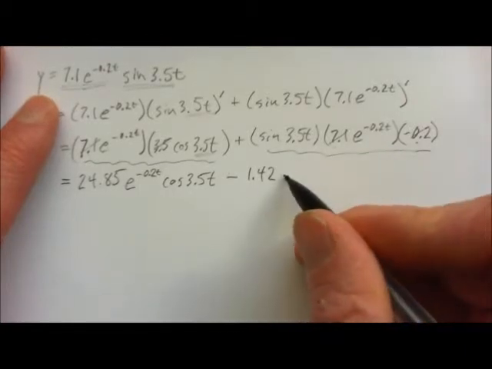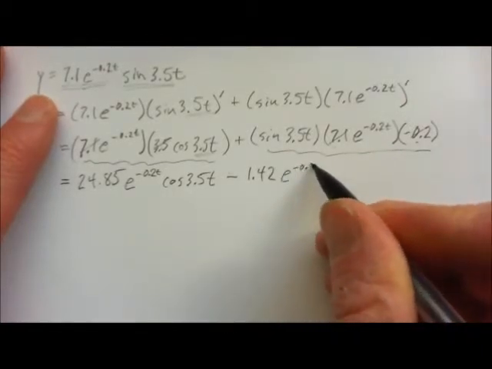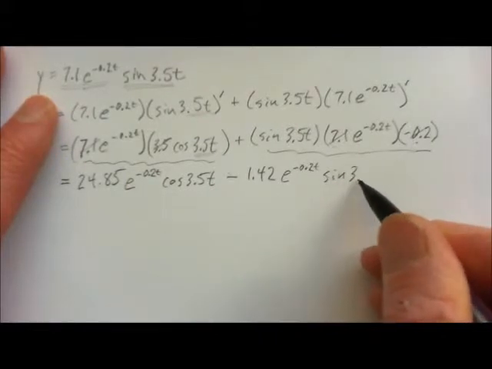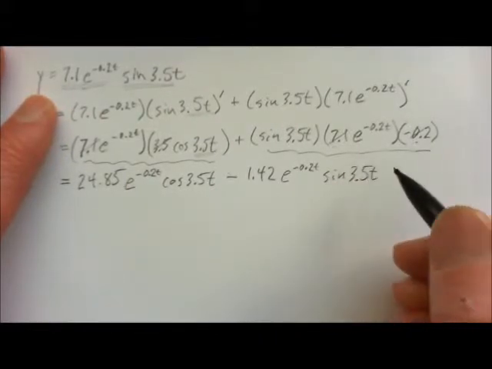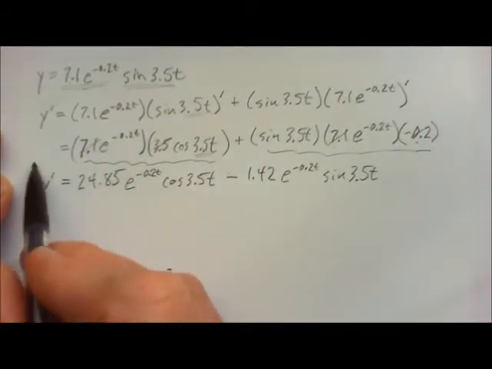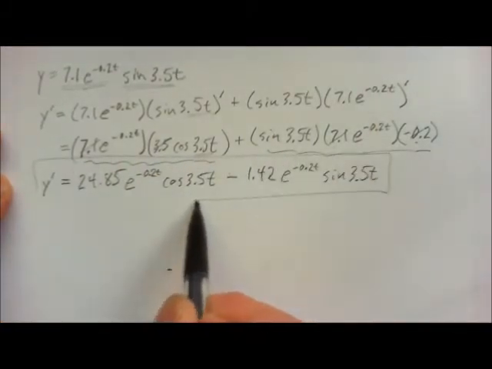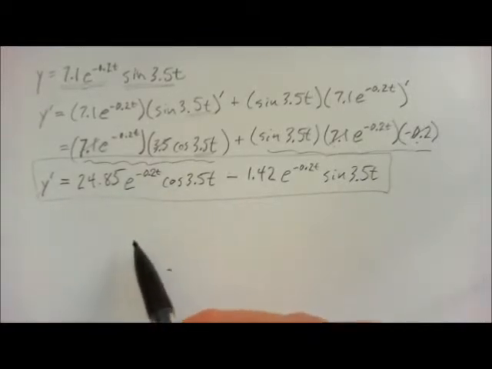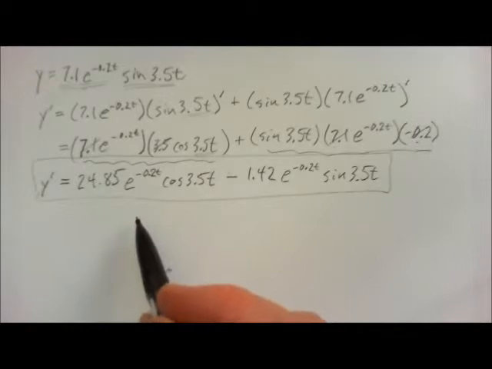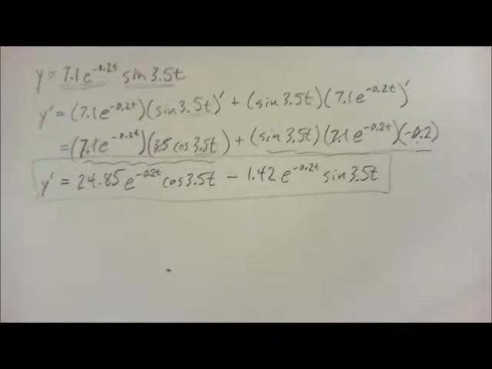Then we have our exponential, e to the minus 0.2t. And we have our sine of 3.5t. And that is our final derivative. We could factor out an e to the minus 0.2t, but oftentimes we don't benefit a whole lot by doing that. So let's leave it at that.